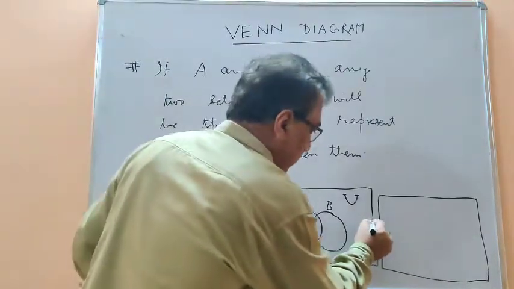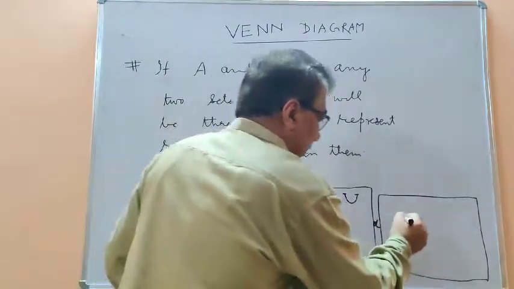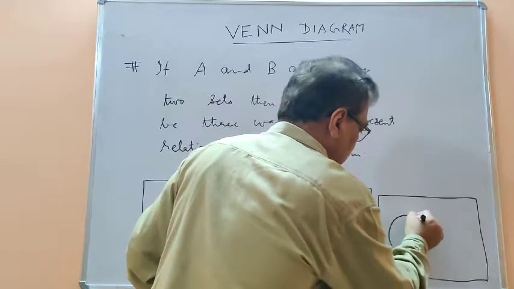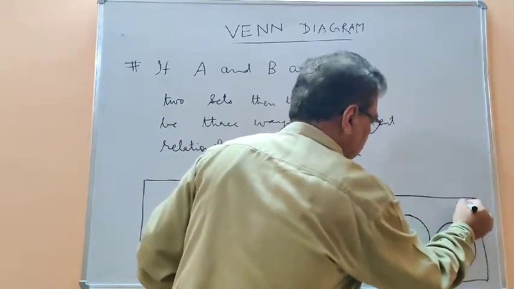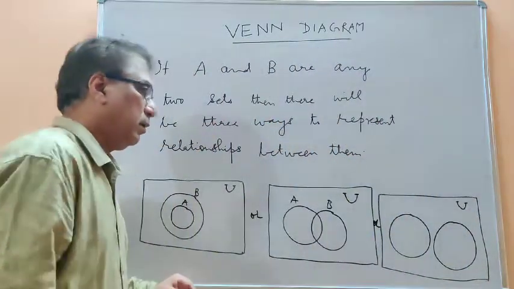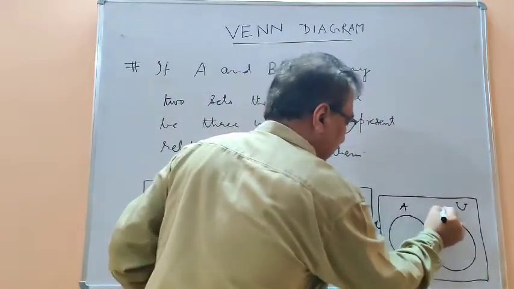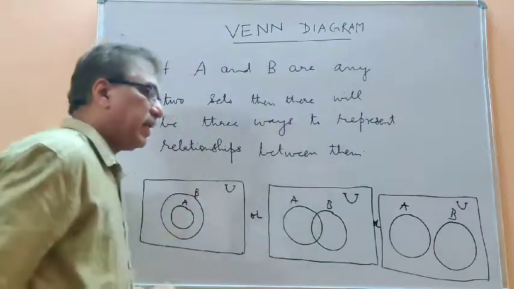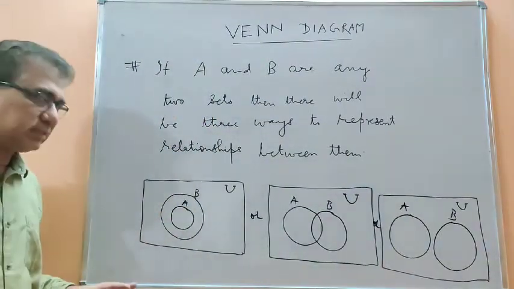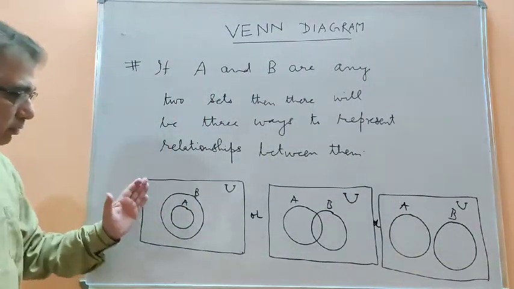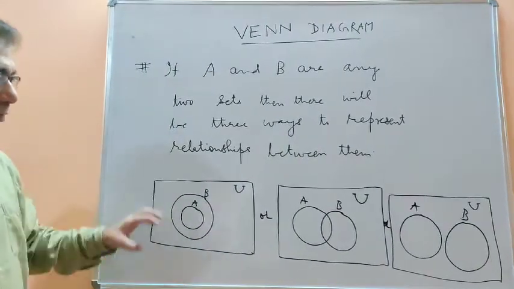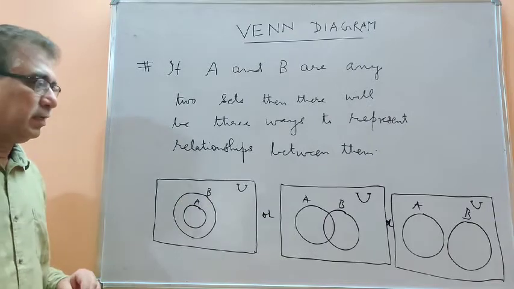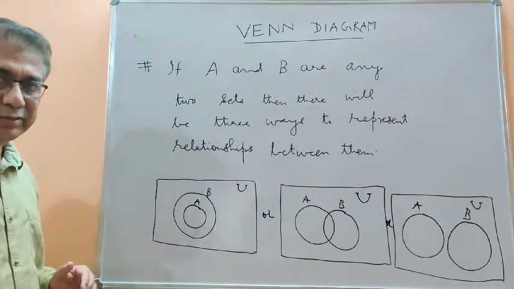And third, it may be like this. If I write A here and B, this represents that nothing is common between the sets. So other than these three, we cannot have any relationship. So you have to remember this, it will help you in solving the questions.